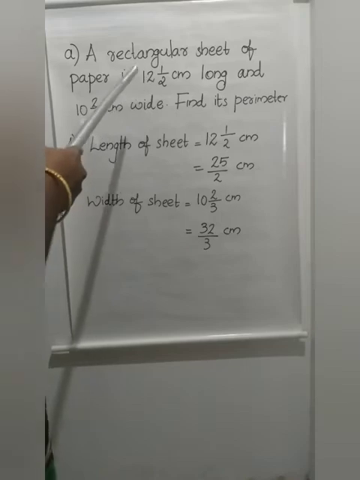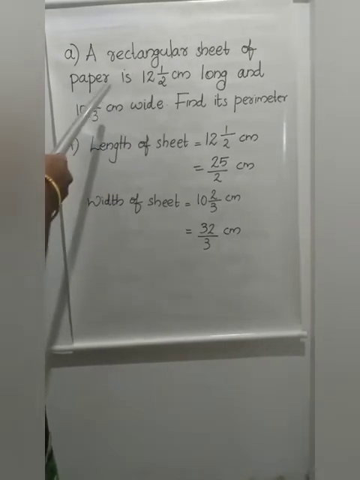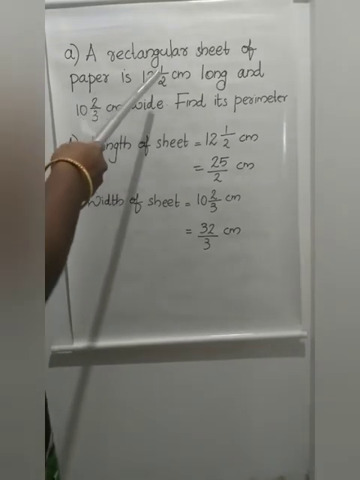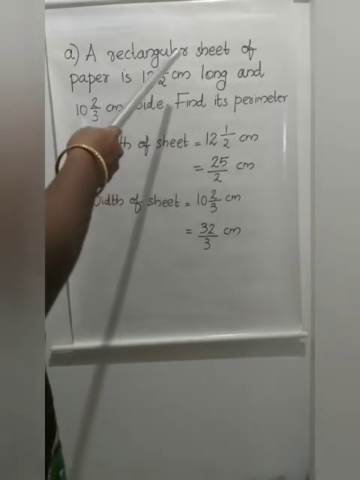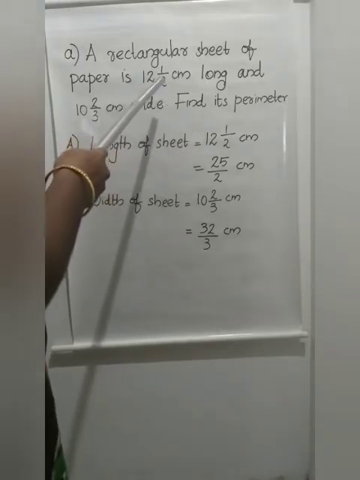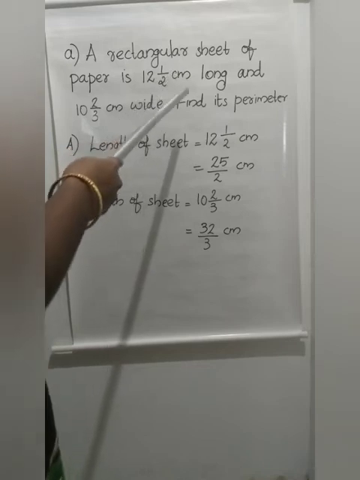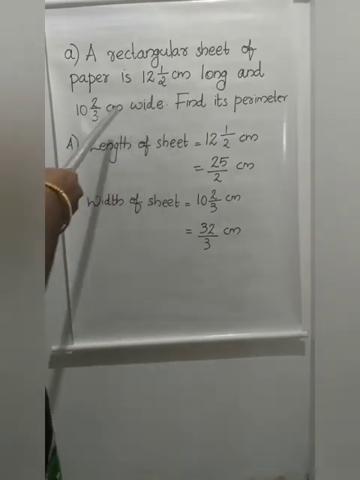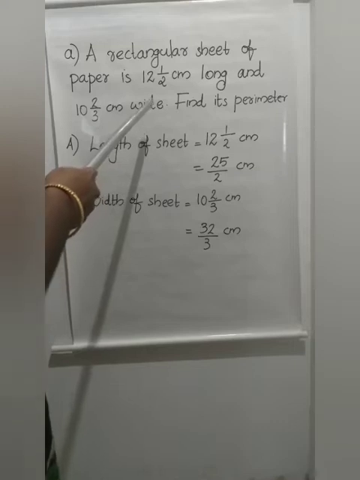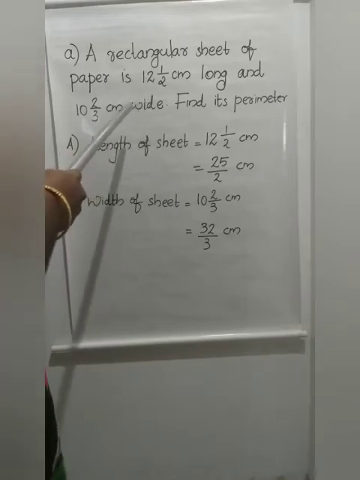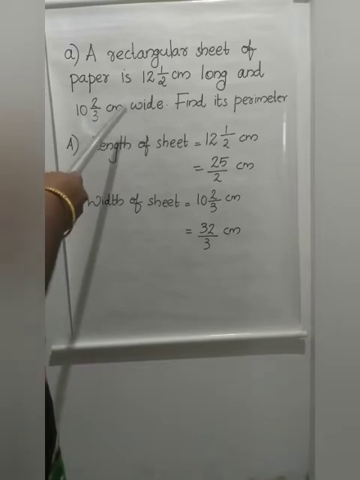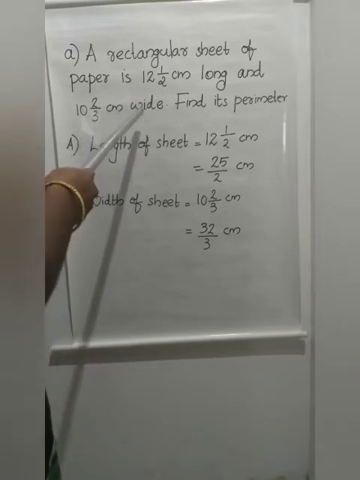Here, a rectangular sheet of paper is 12 1/2 centimeter long. That means the length of the sheet is 12 1/2 centimeter, and 10 2/3 wide means the width of the rectangular sheet is also given. So, the width of the rectangular sheet is 10 2/3 centimeter.